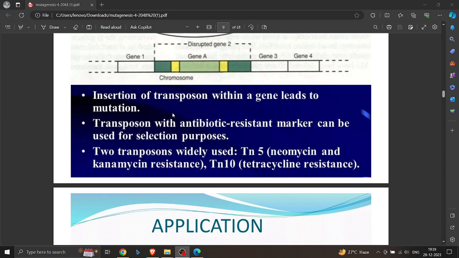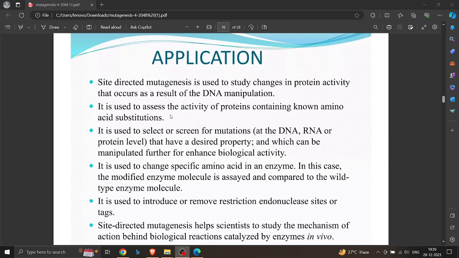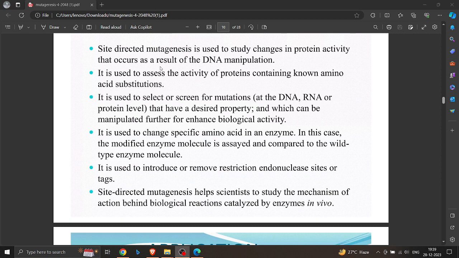Next, the applications of mutagenesis. Site directed mutagenesis is used to study changes in protein activity that occur as a result of DNA manipulation.